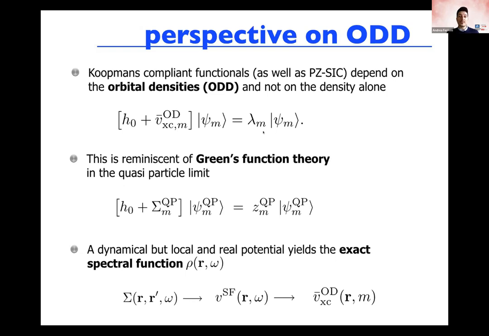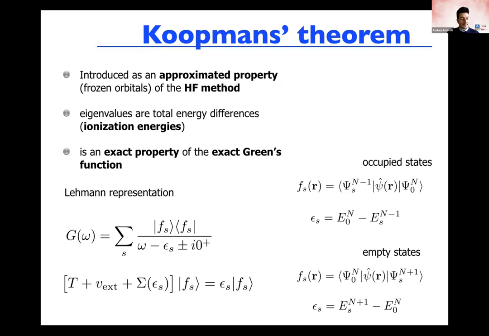What we have built in this ODD formulation is just the flexibility of the theoretical framework to accommodate also spectral quantities. This is not true whatsoever for the Kohn-Sham framework. So if you work even with the exact Kohn-Sham framework, the fundamental gap is going to be wrong because of the derivative discontinuity that is not included in the eigenvalues. Here, this is not the case because we have multiple potentials.